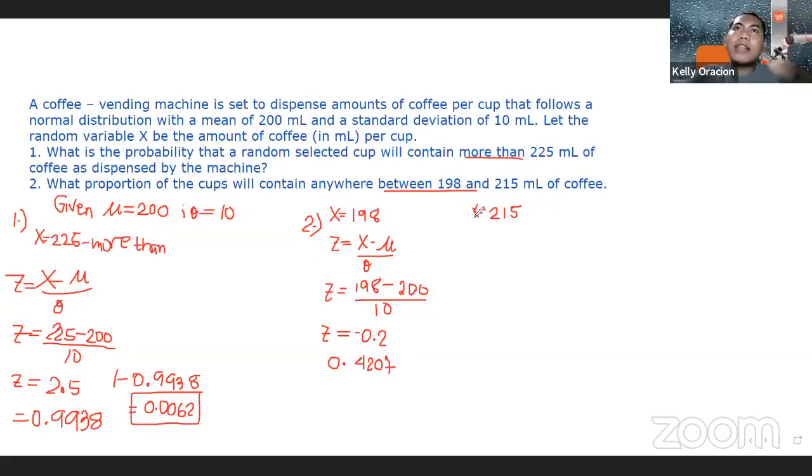What if the x is 215? So z-score, let's make the formula of the z-score. Z is equal to x, which is 215, minus 200, over 10.